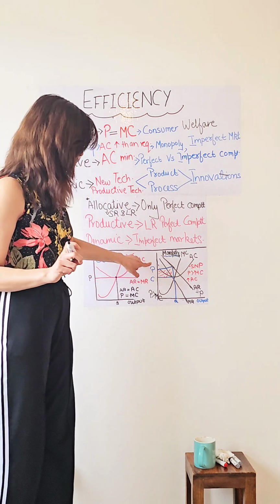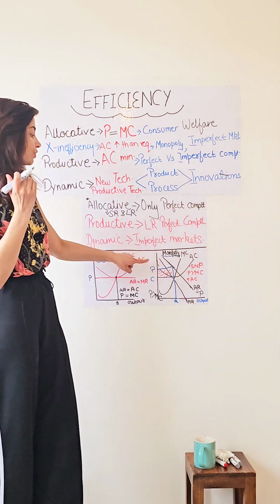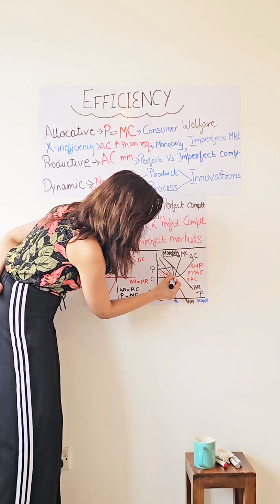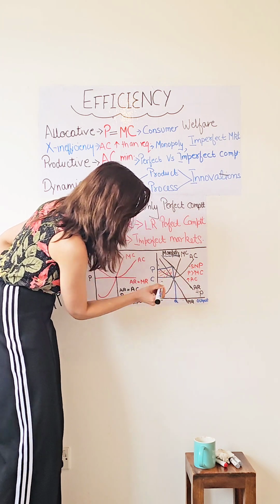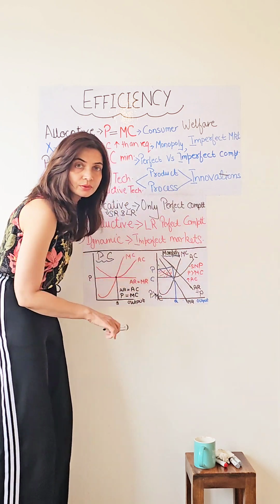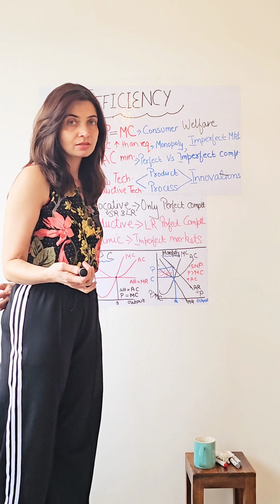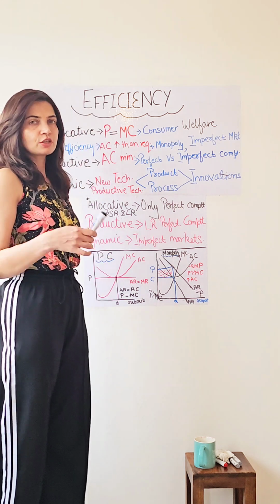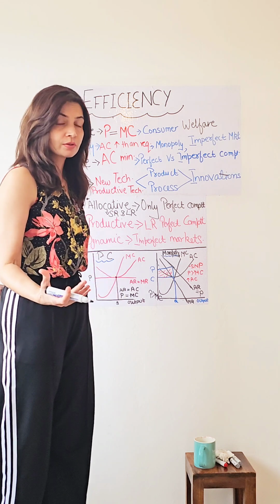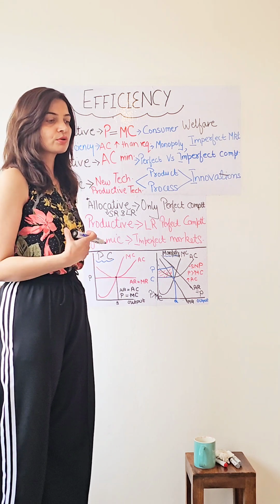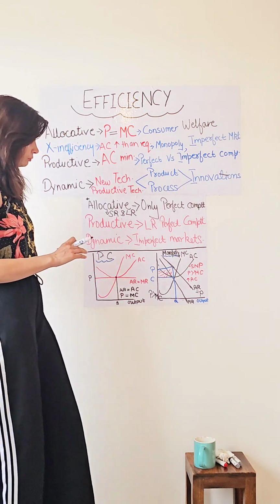So in order for this price maker to be productively efficient, they should be producing at the minimum of AC. That means where MC intersects with AC. They are actually not producing there. Therefore, this is another strong assumption that we make against monopoly or imperfect market structures, that they might not really be productively efficient. And that is where we talk about the importance of contestability and competitive markets.